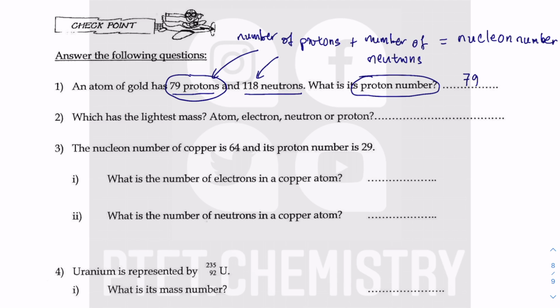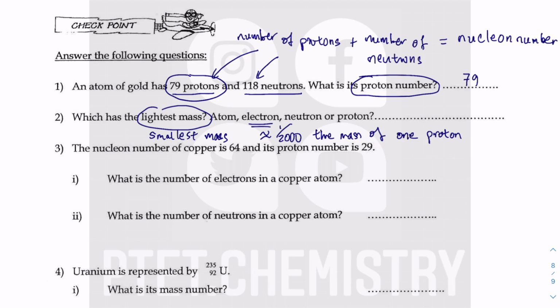Which one has the lightest? The lightest mass means the smallest mass. Not the heaviest, the opposite. So the electron is about 1 over 2000 times the mass of one proton. So one electron is about 2000 times lighter than the mass of one proton.